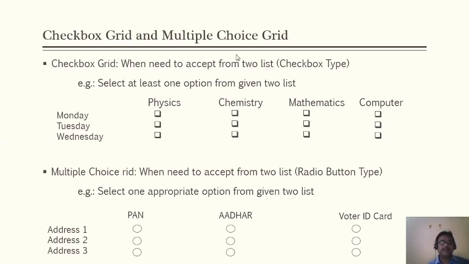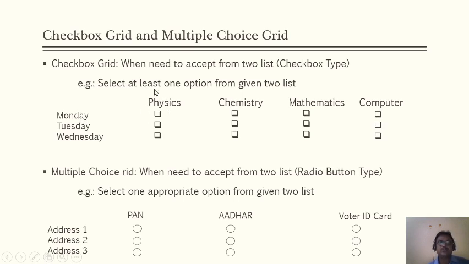Just like that, here we have designed an example of the checkbox grid. Suppose we are going to prepare a timetable of study. What subjects will be discussed on Monday? We have options like physics, chemistry, mathematics, and computer. So what subjects can we discuss on Monday?